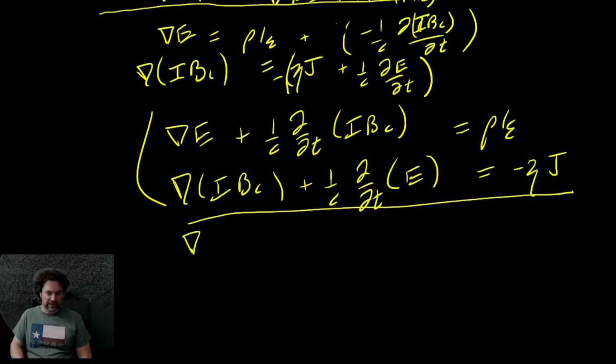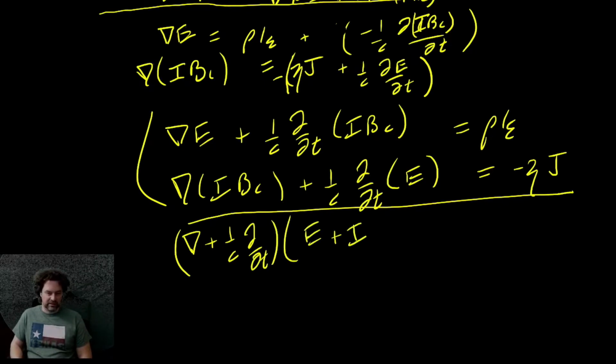So we're left now with grad plus 1 over C d dt times E plus I CB equals rho over epsilon minus eta j.